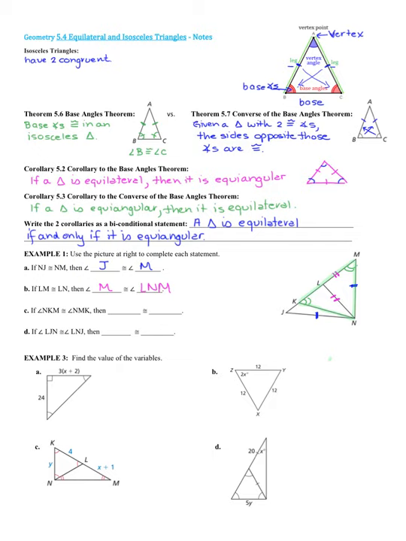And so the opposite to that is going to be KN. So segment KN is going to be congruent to segment MN.